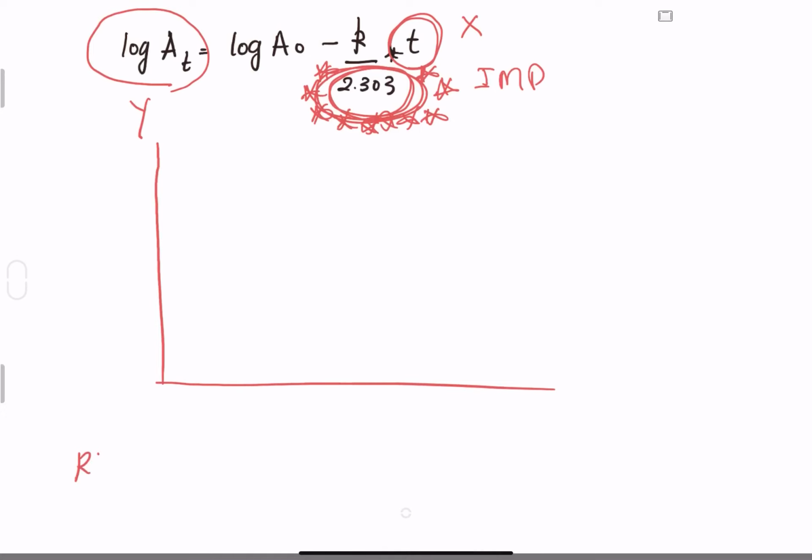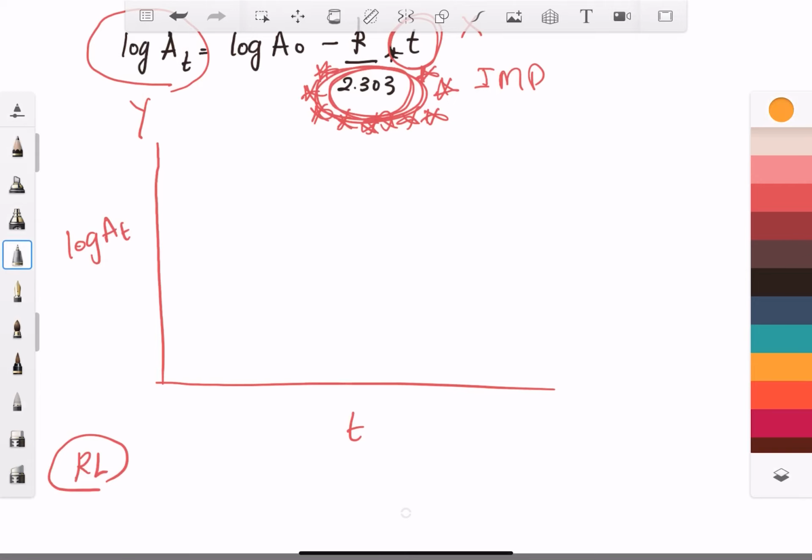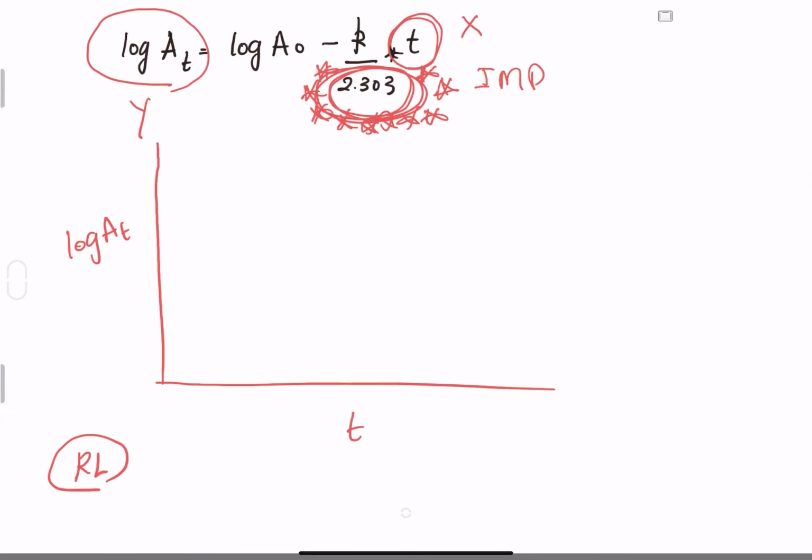On a rectilinear graph or linear graph, I will have log A at a certain time versus time. If I have it as it was in the ln term, this is our y-intercept, right? And this is the whole thing.